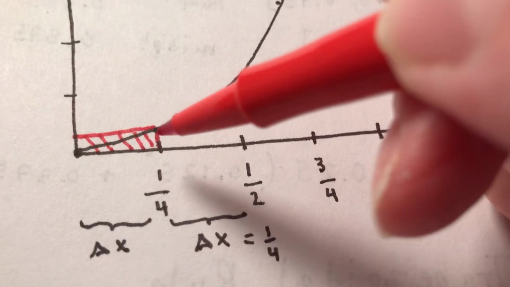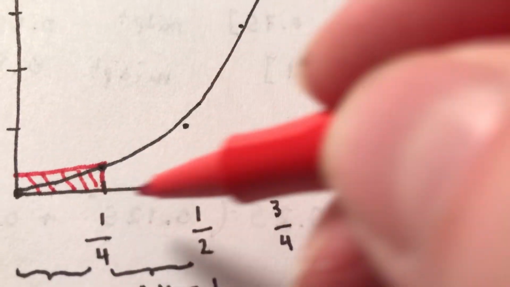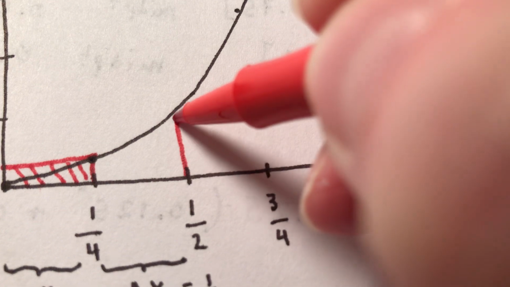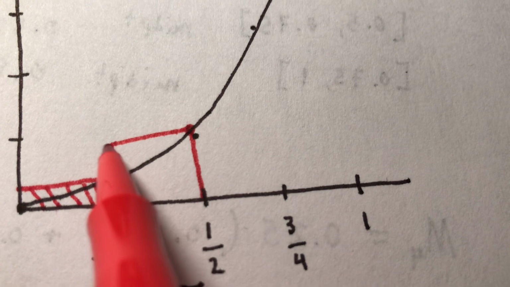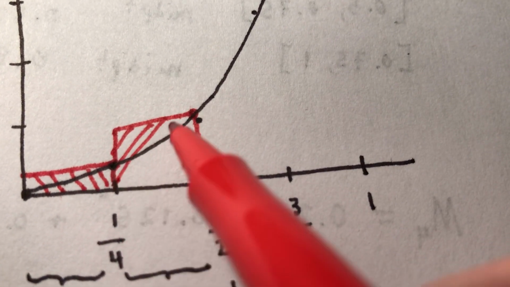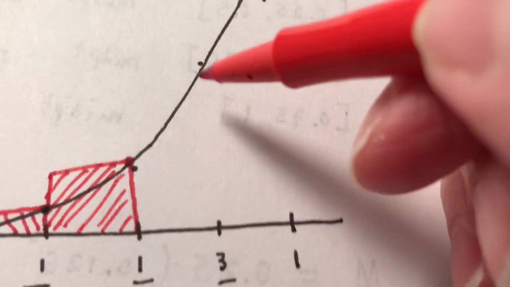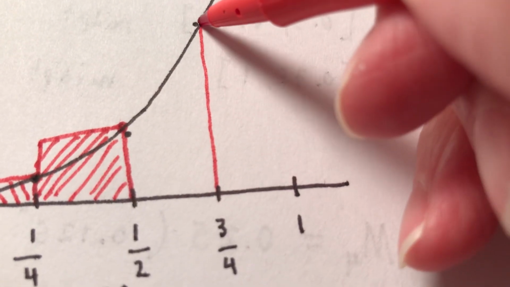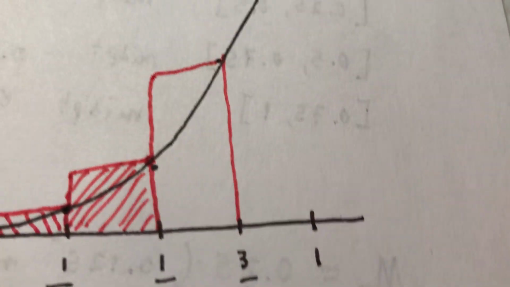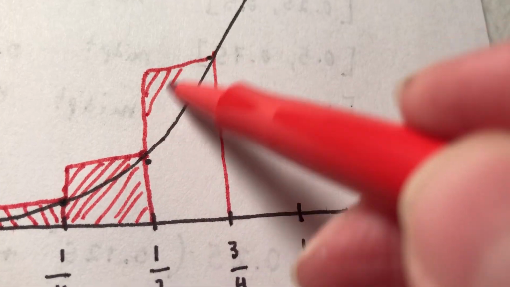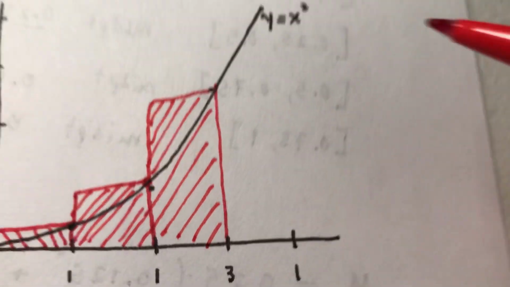So on that subinterval, we use the right endpoint to come up to the curve. Then on the second subinterval, use the right-hand endpoint, come up to the curve, like that. That will be our second rectangle. These were the techniques used back in the day, the development of area under a curve using rectangles.